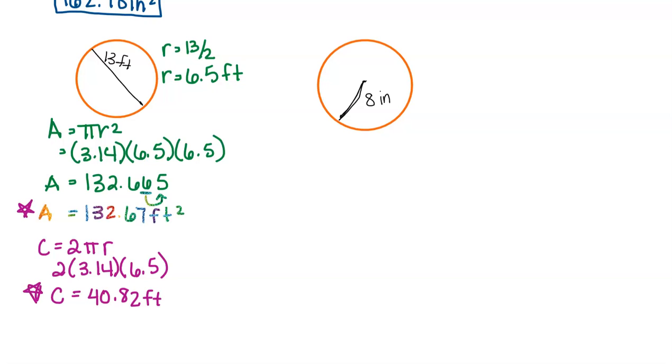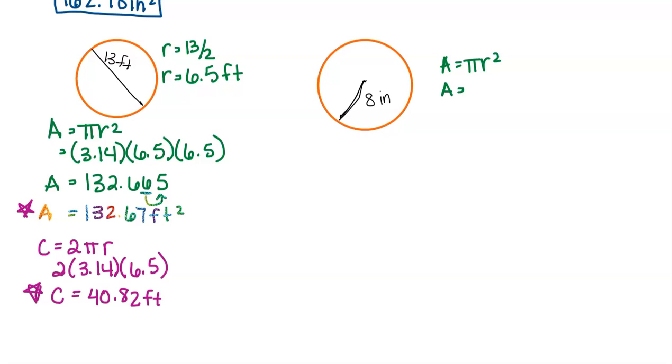So we have our area here, we have our circumference here. Check to make sure that you got that. So let's look at this one, our second circle. If you need to pause the video, please pause it and come back. Area equals pi r squared, and it's nice because we're already given the radius.